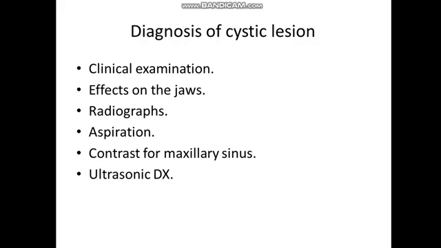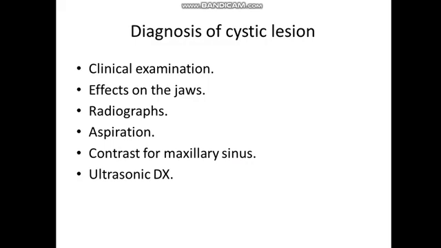The diagnosis of the cystic lesion could be through clinical examination. Usually there is swelling, but if it is small, it cannot be discovered by clinical examination unless there is radiological examination. Through clinical examination, a history of tooth extraction may indicate residual cyst, or absence of one of the teeth in the series might indicate primordial cyst.